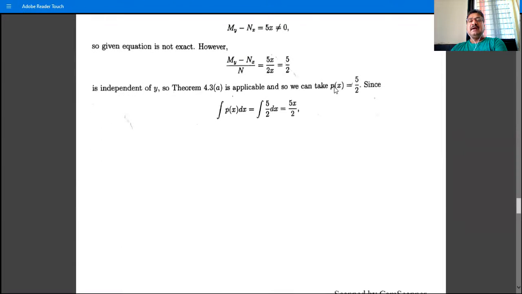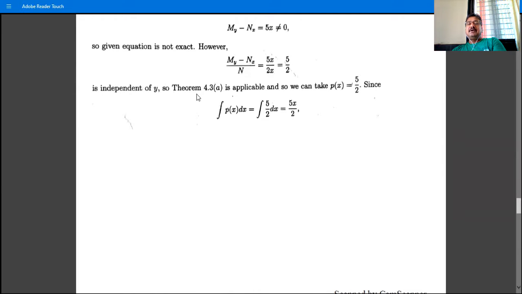So if the ratio (M_y minus N_x) divided by N is a function of x alone, we denote it by f(x), and if the ratio (N_x minus M_y) divided by M is a function of y alone, we denote it by f(y).